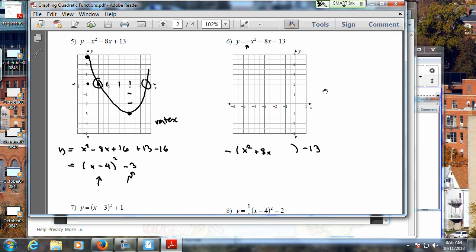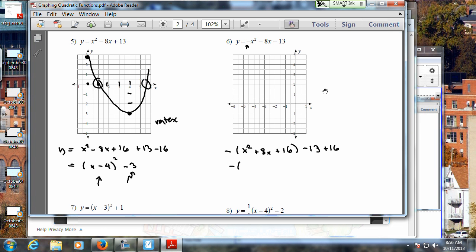X squared plus 8x, completing the square, is plus 16. So overall, it was minus 16 to get the change, with 16 inside parentheses with the minus out front. So minus 16 is balanced with plus 16 to keep the terms in the equation equivalent.